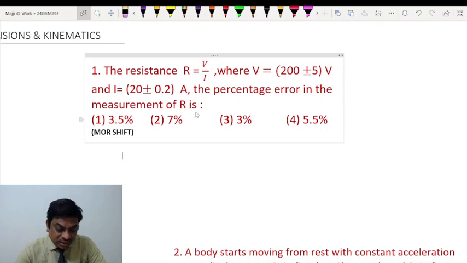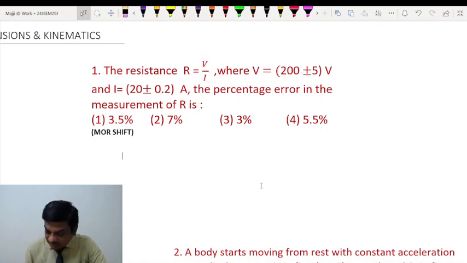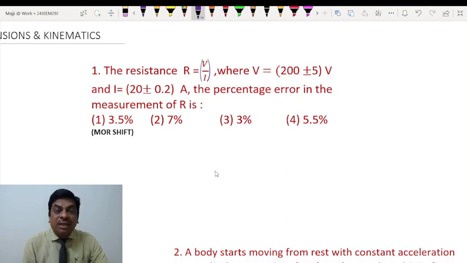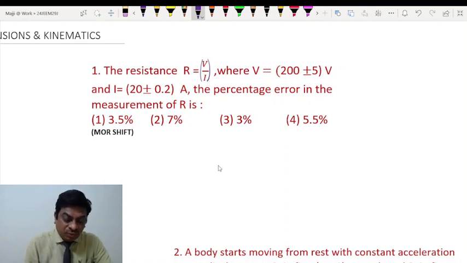The resistance R is equal to V by I, where V equal to this and I equal to this, find the percentage error in the measurement of R. Now here, as you can see, students, we have to take the quotient of two quantities. As you know, in product and in quotient, that is division, the percentage error of the quantity which is being calculated is the sum of the percentage errors of the individual quantities.